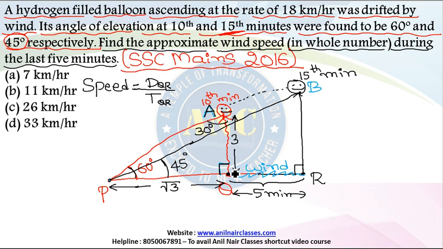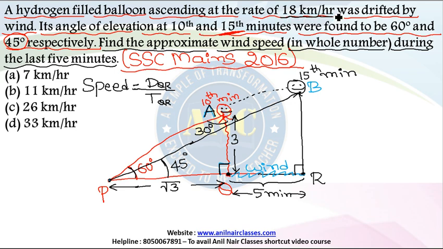Similarly, if I take this bigger triangle PRB, triangle PRB is what I am interested in right now. Same logic I will implement again here. Please listen carefully. It is given in the question that the balloon is ascending at the rate of 18 kilometers per hour.